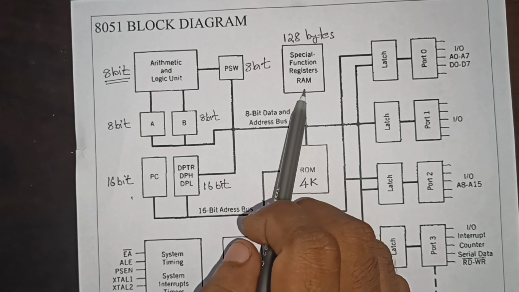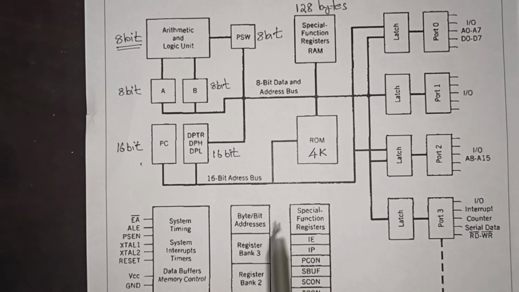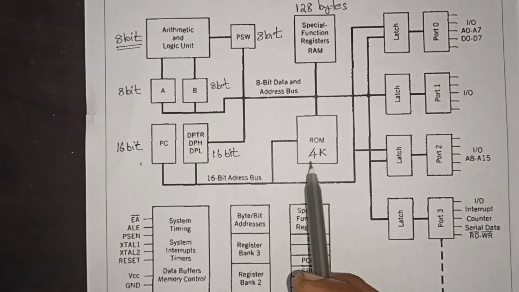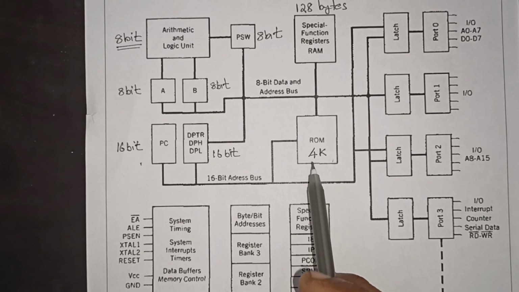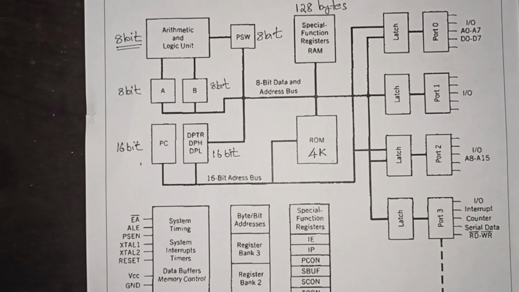So what is the size of our RAM? It is 128 bytes. Then we have the internal ROM. Internal ROM is actually 4K, 4 into 1024. That much location we have in our internal ROM. This internal ROM is actually used to store programs.